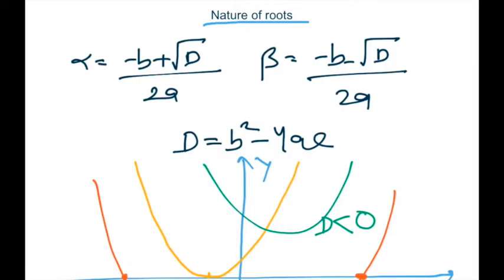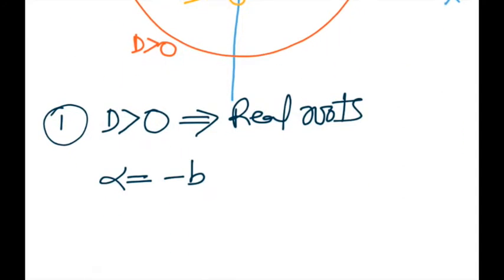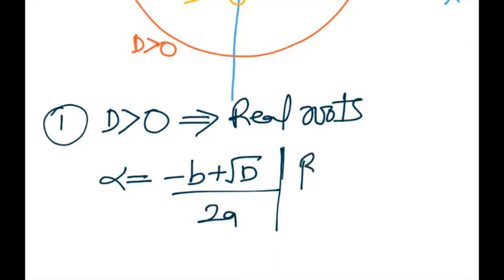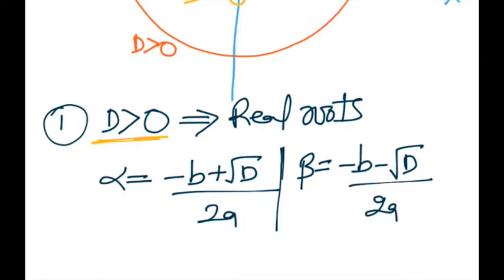Alpha is nothing but minus b plus root of d by 2a, and beta is minus b minus root of d by 2a. So when d is greater than 0, the equation has real and distinct roots, which are given by these formulas.